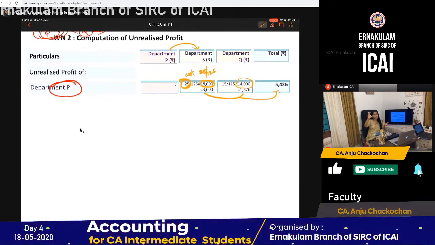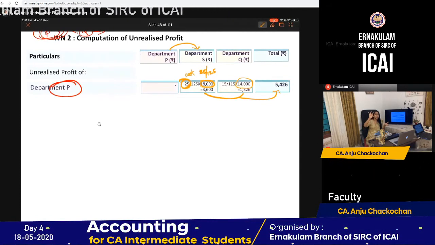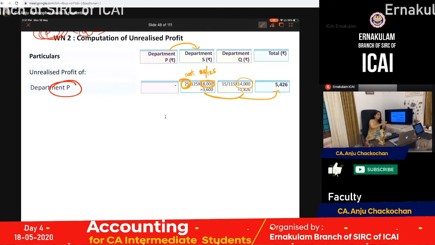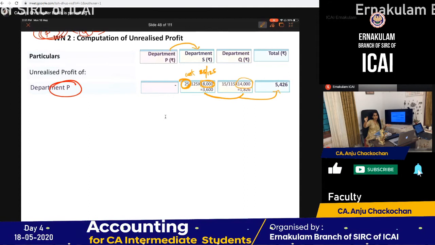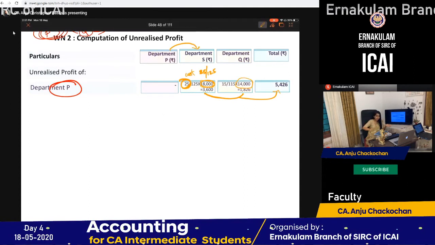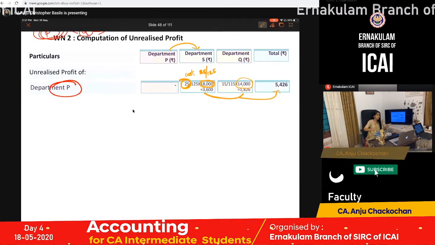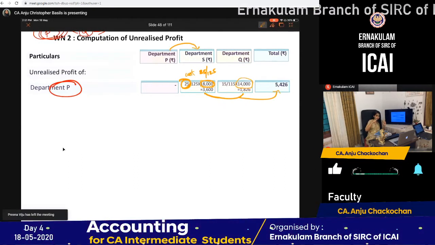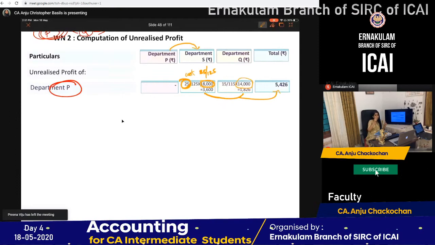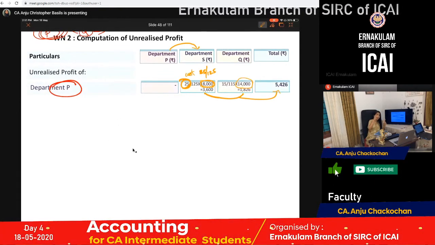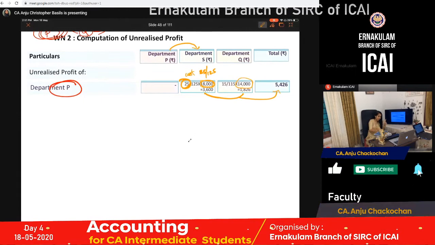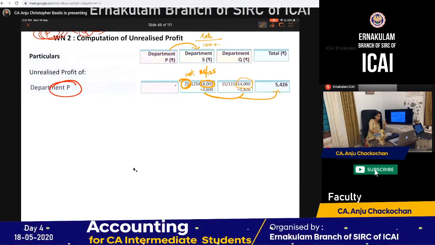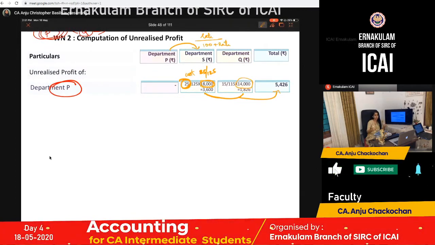It will be regarding the closing stock in Department Q and S. For Department Q, you apply the profit percentage at which Department P sold the goods to Q, and for Department S, you apply the profit percentage at which P sold it to S. Since the profit percentage given in the question is with respect to cost, you take it as rate divided by 100 plus rate. That is how you compute it.